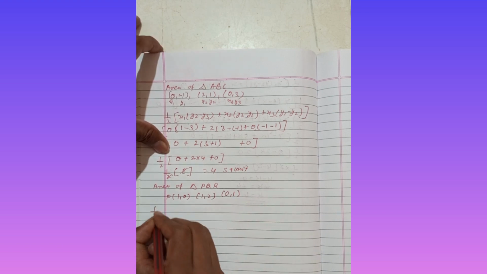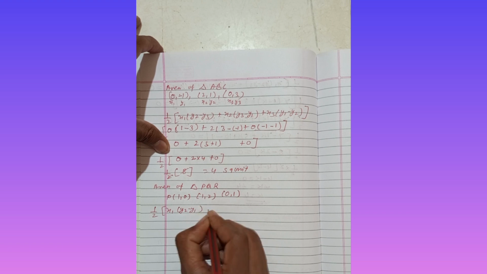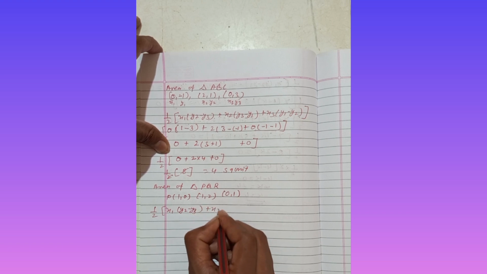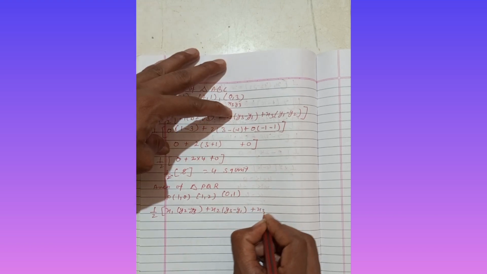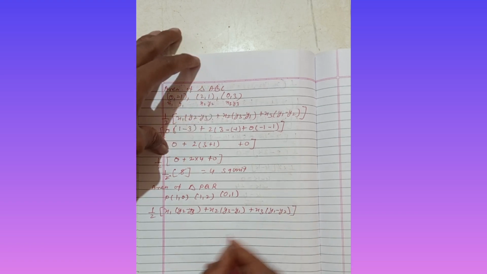So the area is half into x1 into y2 minus y3 plus x2 into y3 minus y1, then plus x3 into y1 minus y2. This is the formula written.